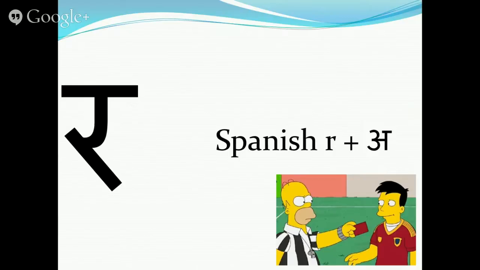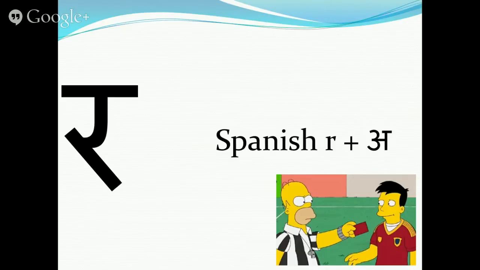It's the Spanish single R, not a rolled R. I would roll it, but I have very poor tongue control when it comes to rolling. This is just the one where you flick it one time. So it's not English. The English R would be more like ra, ra. Well, this is actually ra, ra.